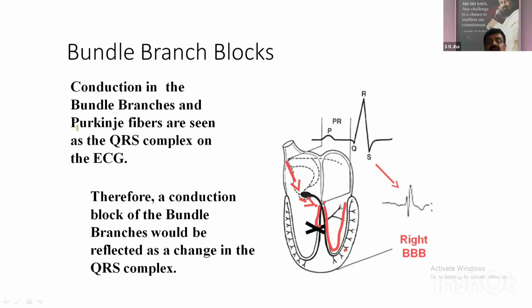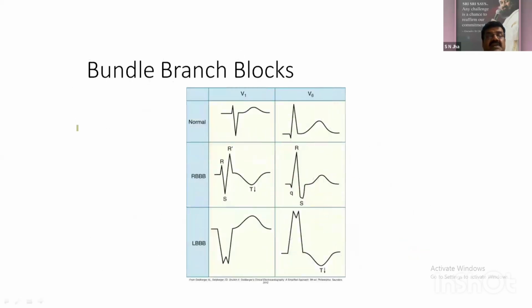The QRS will be wide and there will be two R waves. So if we say one is R, we have to name another R as R dash. So this kind of wave should be seen, and it is wide. So it will be bundle branch block, interventricular conduction defect is there, and it will be seen in the V1 leads.